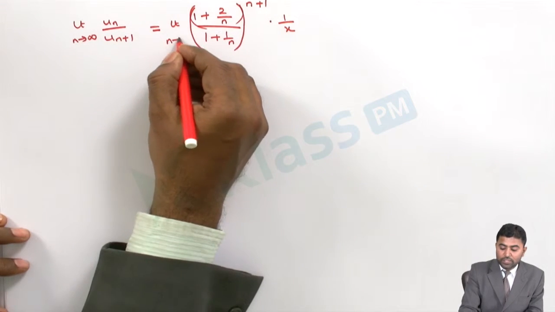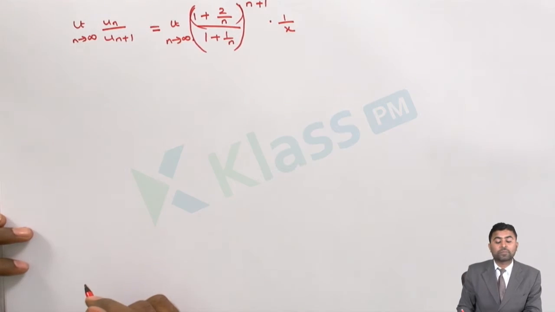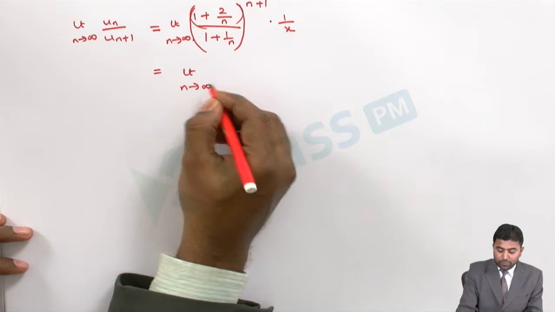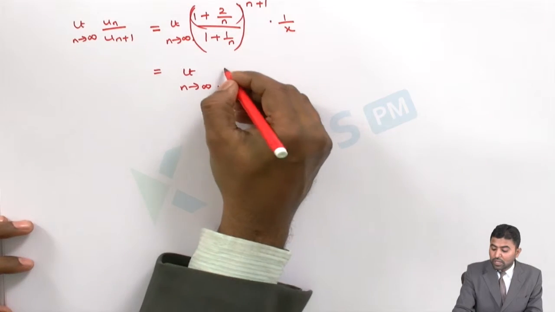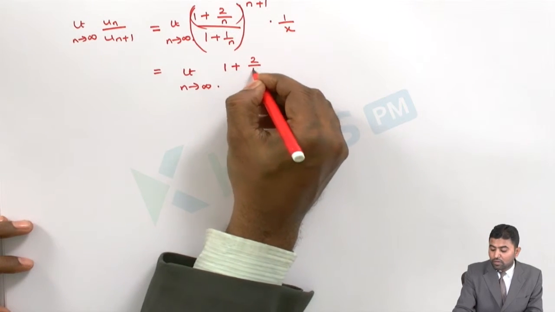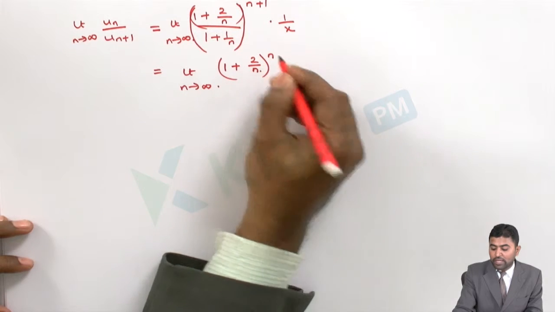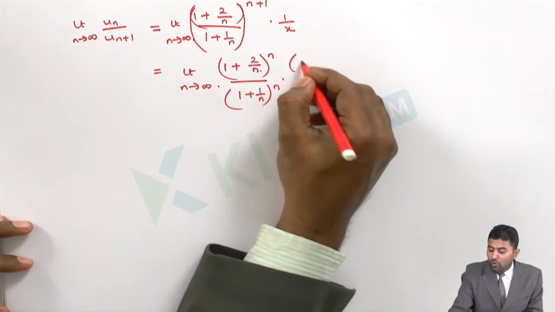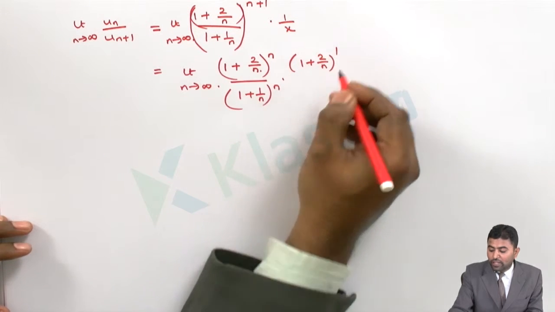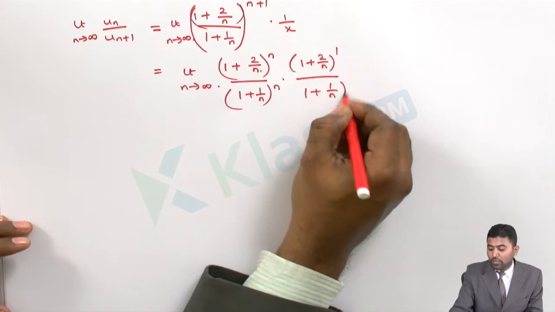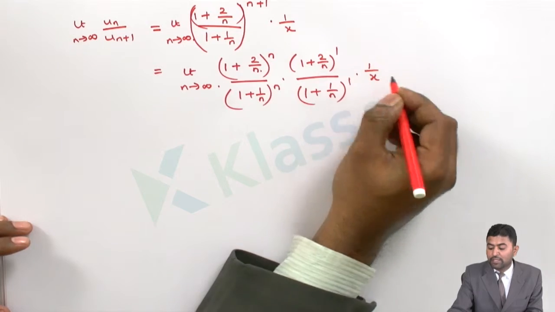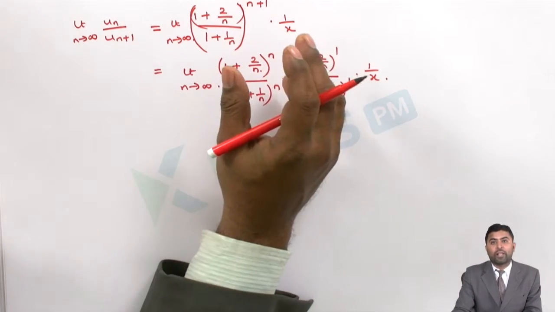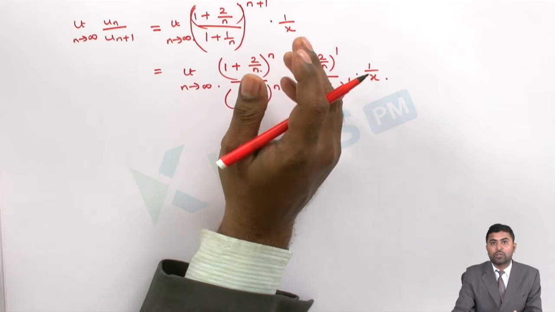Okay, better I'll separate the terms. Then I can write it as 1 plus 2 by n whole power n by 1 plus 1 by n whole power n, 1 plus 2 by n whole power 1, 1 plus 1 by n whole power 1 into 1 by x. Because I need to bring that into any of the formulae we have written today.